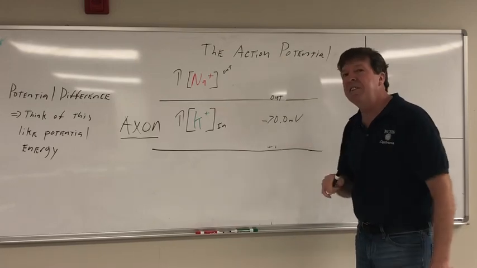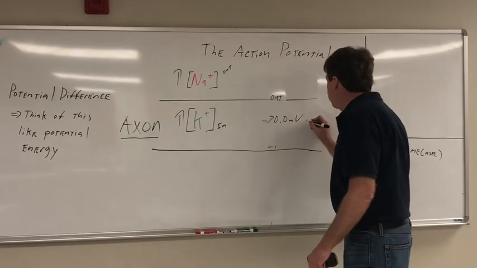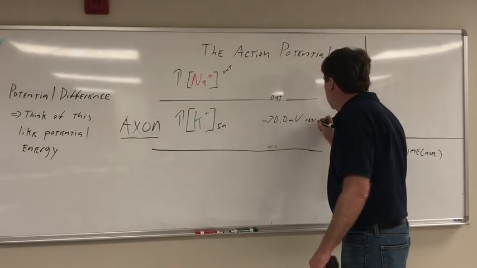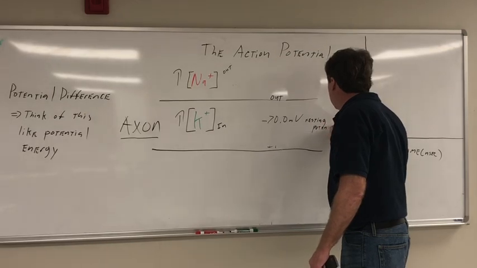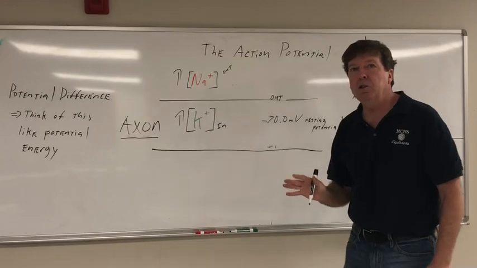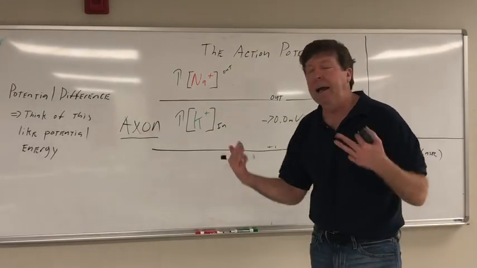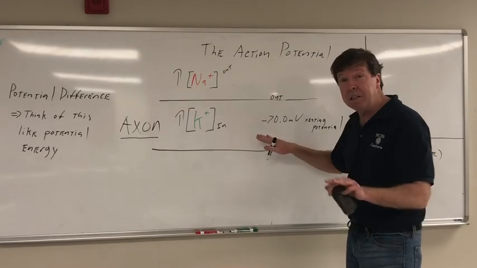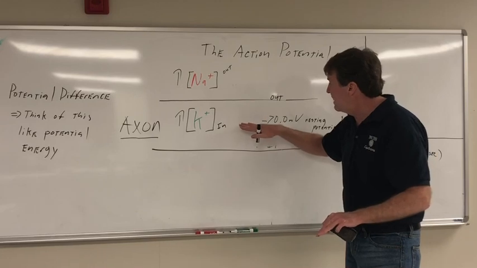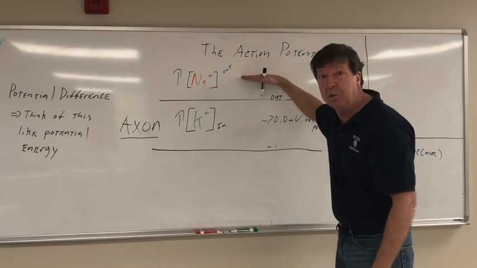This negative 70 millivolts has a special name. It's called the resting potential. That resting potential would be an unstimulated nerve that's just hanging out, resting. Again, understand that we have potential energy here because it's negative 70 millivolts inside compared to the outside.